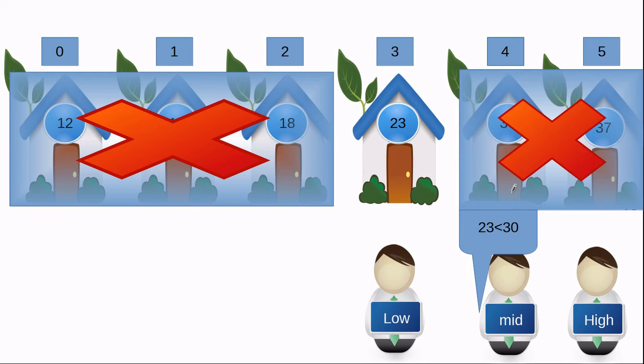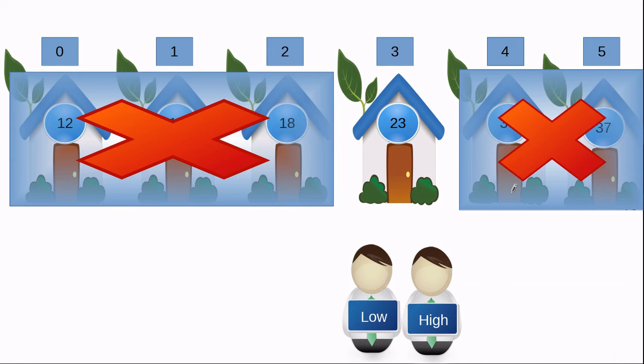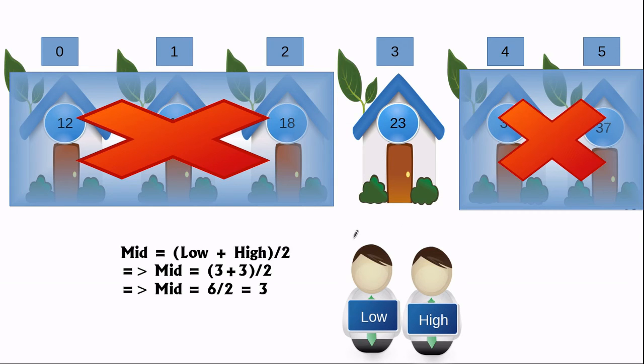Now again we have to update the positions of our pointers. So high will move to mid minus 1. Now again we have to calculate the middle element. It is 3 plus 3, that is 6 by 2, which is 3.